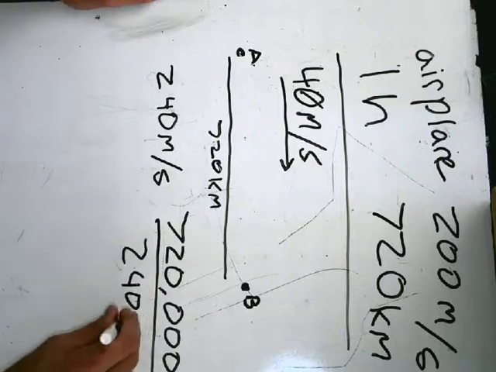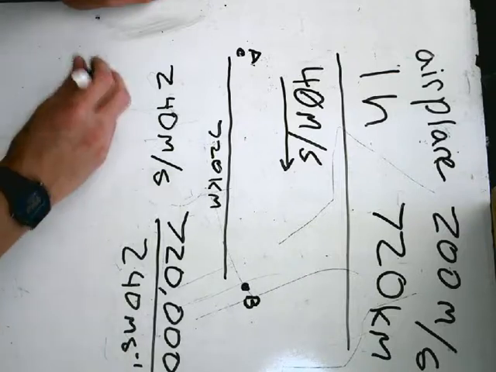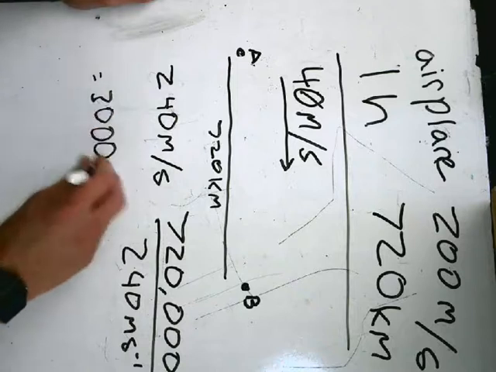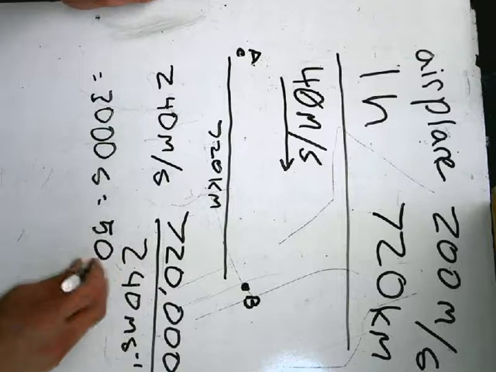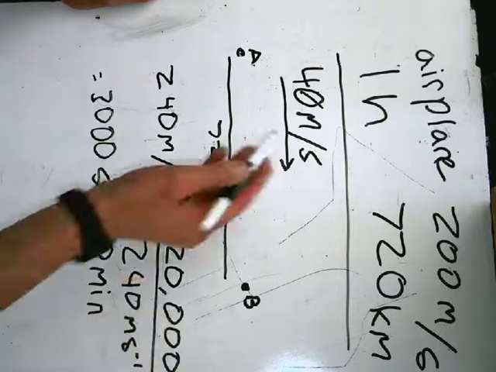On the way back, you assume the same wind, so you're going to go 40 meters per second with less speed. It's now a headwind as you're going into it. So your new speed is 160 meters per second. Same distance, 720,000 meters.